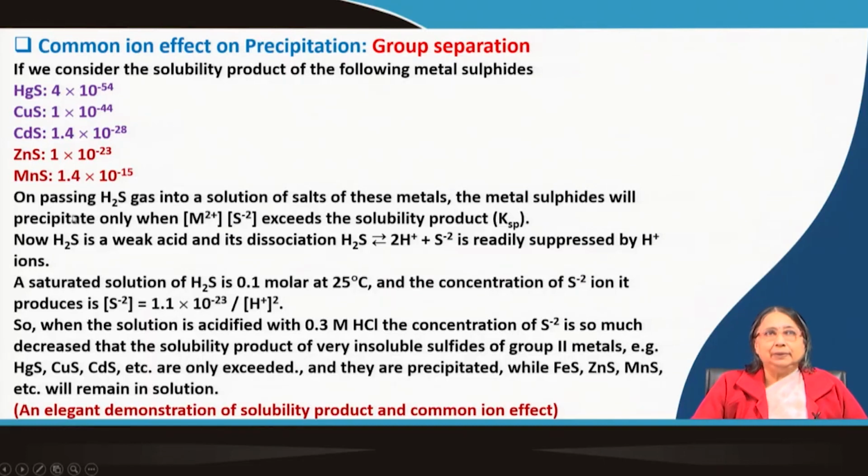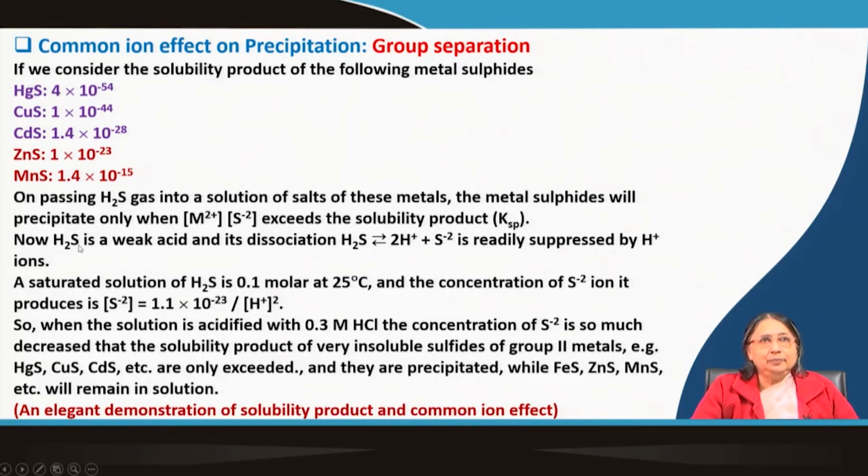Okay. So, what is happening on passing H2S gas into a solution of salts of these metals, the metal sulphides will precipitate only when M2 plus ion concentration into sulphide ion concentration exceeds the solubility product, that is KSP. This we have seen already, that the saturated solution, unsaturated solution and supersaturated solution, only when this will reach the KSP value, then only they will be precipitated.